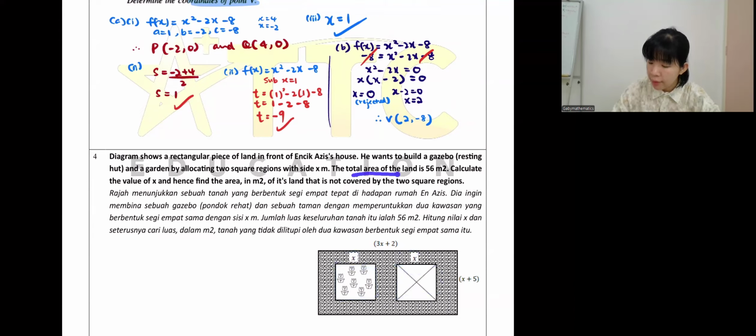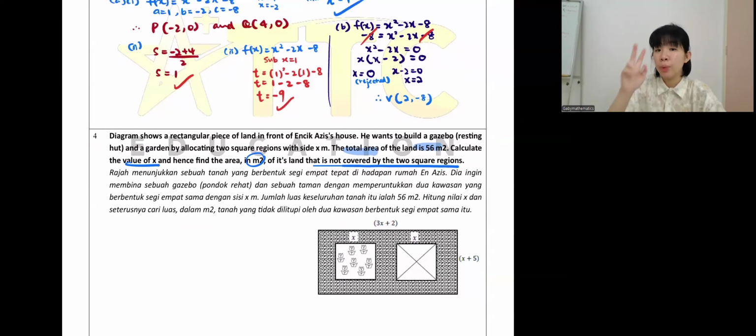Then the total area of the land is 56. Calculate the value of x and then find the area in meter square that is not covered by the 2 square regions. We have two things we want to find: x, and the area not covered by the squares, meaning the shaded part.